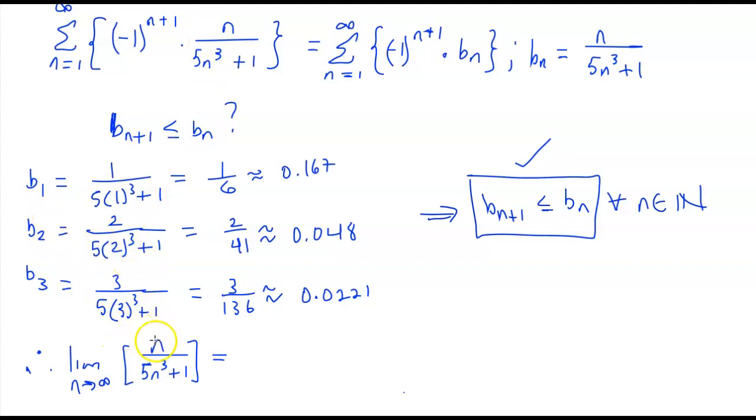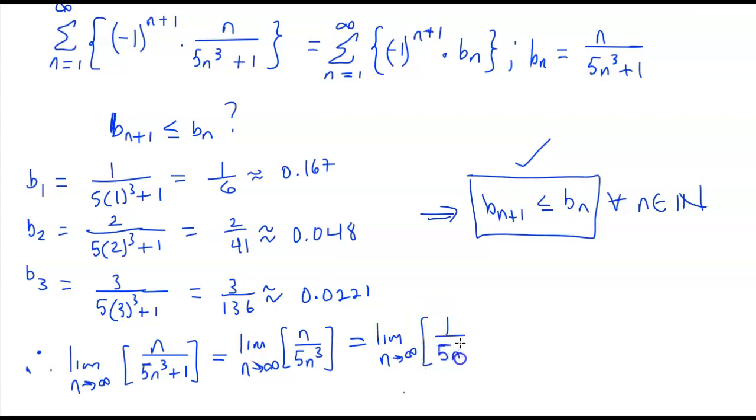Another way that we can look at this is that we know that the numerator and denominator act like polynomials. And of course, this function would actually behave like n over 5n cubed for very large values of n, which we know if we did some simplification here, would just be 1 over 5n squared.